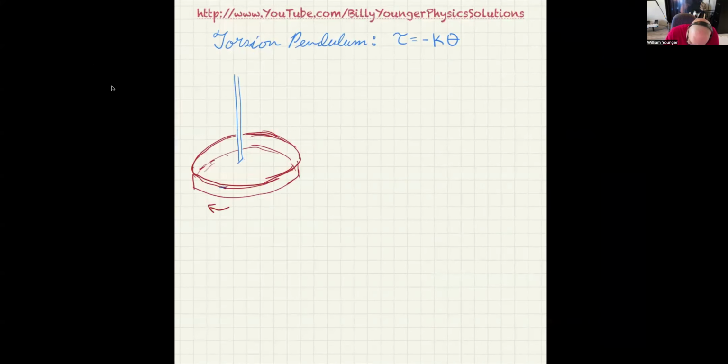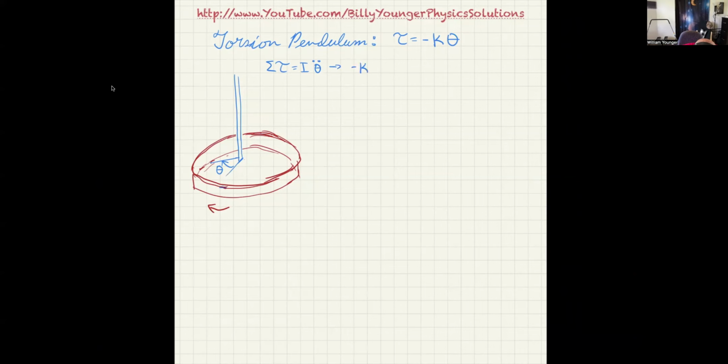And it turns out that that angle, when it's twisted through, is theta, and the torsion or the torque supplied by that is negative k times theta. So using torque, the summation of the torques is equal to I times theta double dot. We only have one force on it.